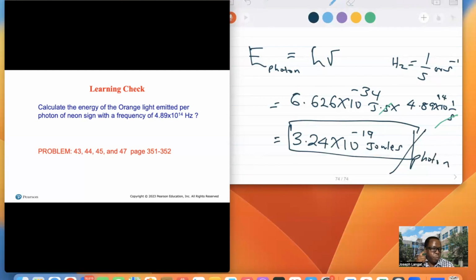If it is for 1 mole of orange light, you multiply by Avogadro's number, which is 6.022 times 10 to positive 23, for 1 mole of photons of light.